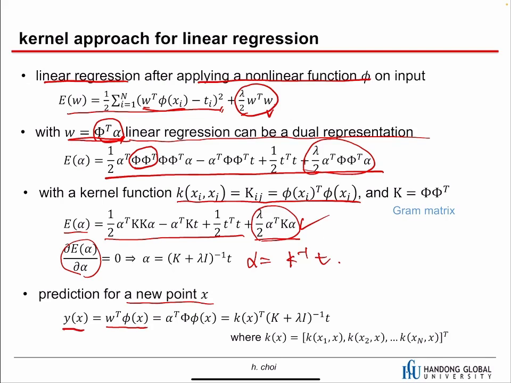When we have a mapping, given a new data point, we could project the new sample to the y space, right? Likewise, we can apply the same equation. So W transpose phi of x can be rewritten like this. Then there is an inner product here, so we can get this result.